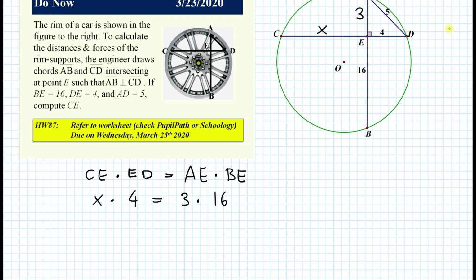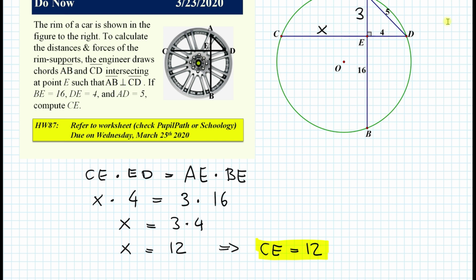We can, for example, divide both sides of the equation by 4. So x is equal to 3 times 4, which leaves us with an x value equal to 12. So we found the answer for the do now: CE has to be equal to 12. So there you go. That is the answer.